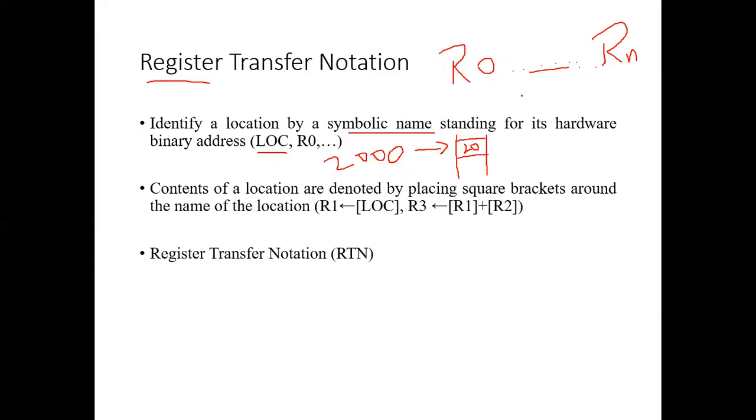They contain direct values. For example, if the register R0 contains 20, then this 20 is not a memory location, it's a value. If R0 contains 4000, then that 4000 is not a memory location, it is a value.